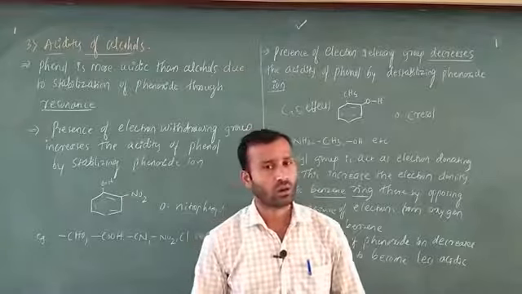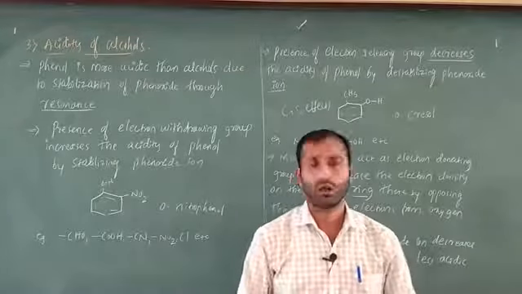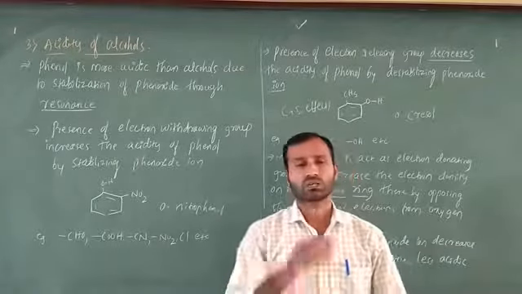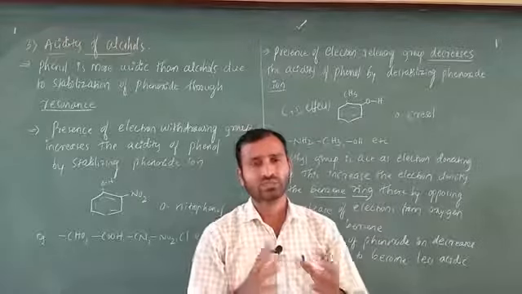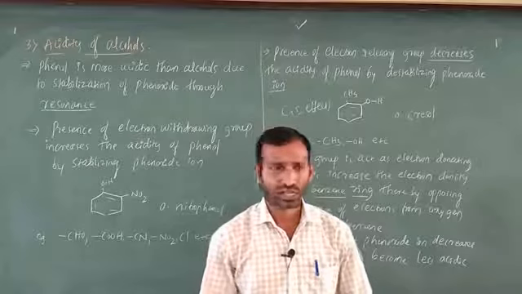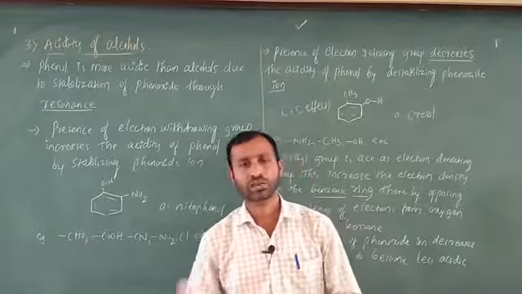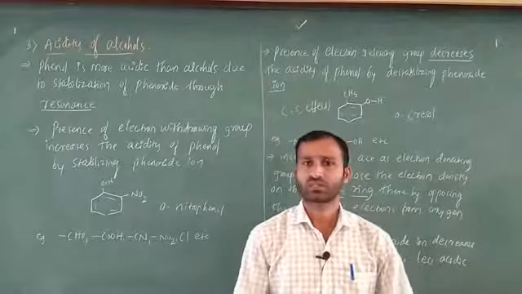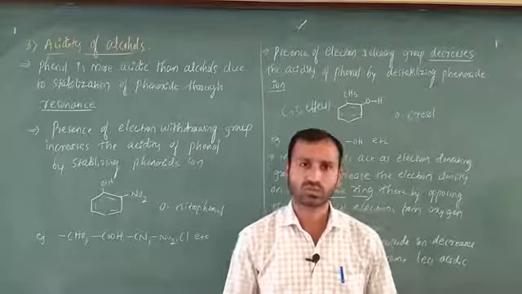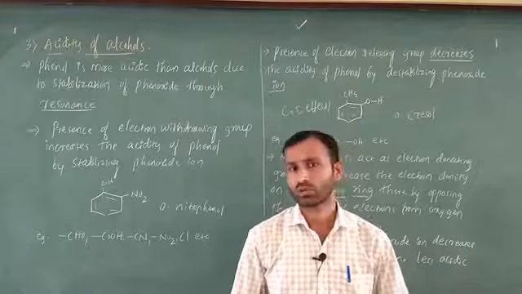That's why alcohol is less acidic compared to water. Water, as you know very well, is HOH. In this case there is no electron donating or electron withdrawing group, so the hydrogen will go out easily, leaving OH minus. That is why H2O is more acidic compared to alcohol.